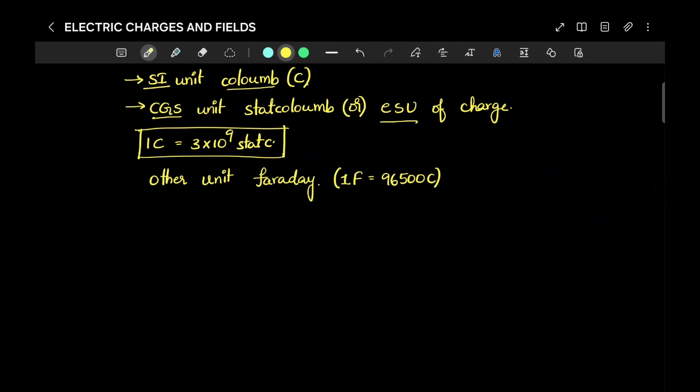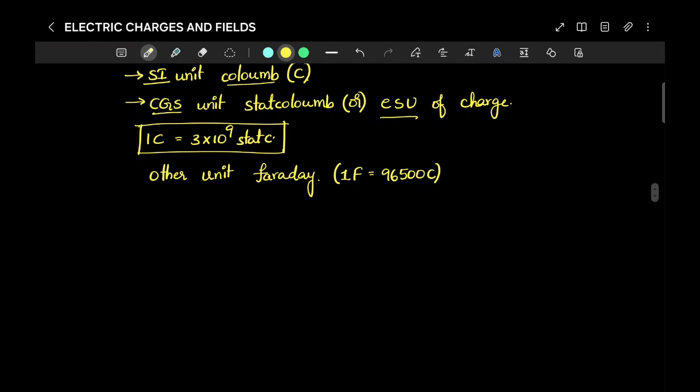Now, where do we generally observe these charges?